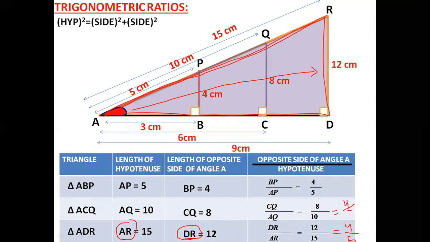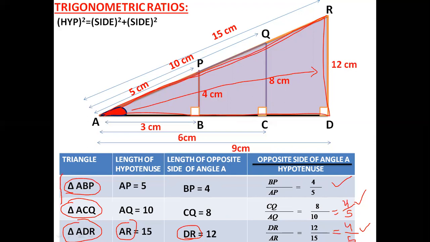So if you observe these three ratios, 4 by 5, here also 4 by 5, here also 4 by 5, we get the same ratio. That means triangle ABP, triangle ACQ, and triangle ADR are similar right angle triangles.